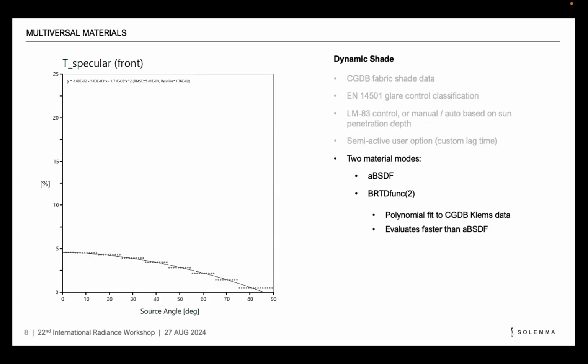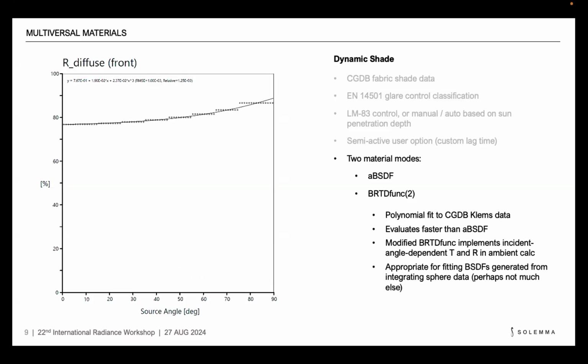All of the BSDF materials from the complex glazing database can be simulated using an aperture BSDF or ABSDF type. But Jon has also run polynomial fit functions against the BSDF data for both specular and diffuse transmission components.